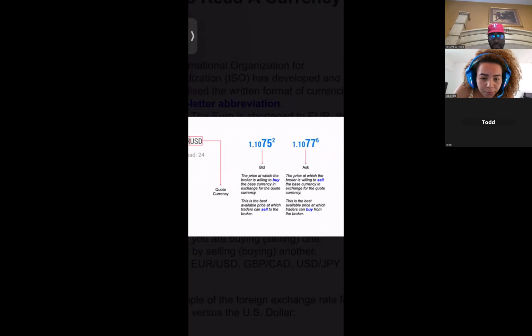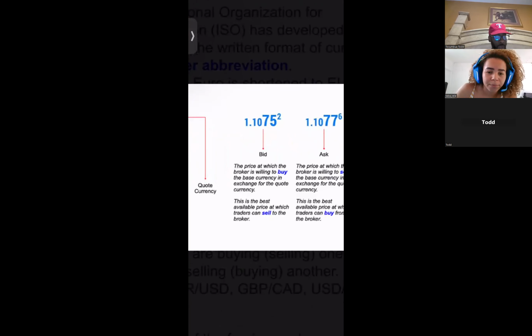So the price at which the broker is willing to buy the base currency in exchange for the quote currency. This is the best available price that traders can sell the currency pair at, right? If you are selling this, this is the price that you can get it for. If you are buying it, this is the price that you will get it for.